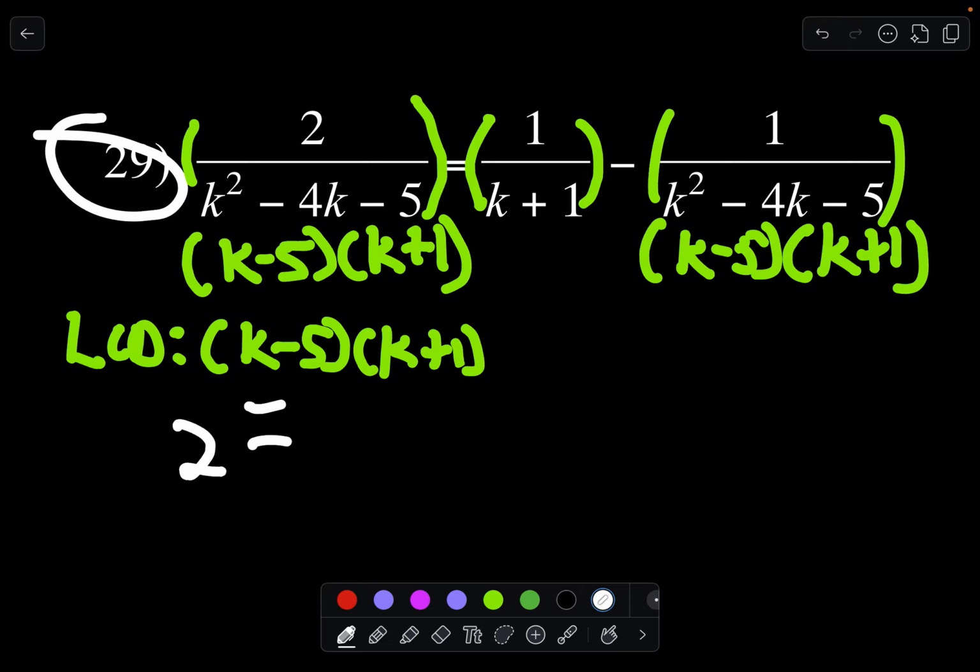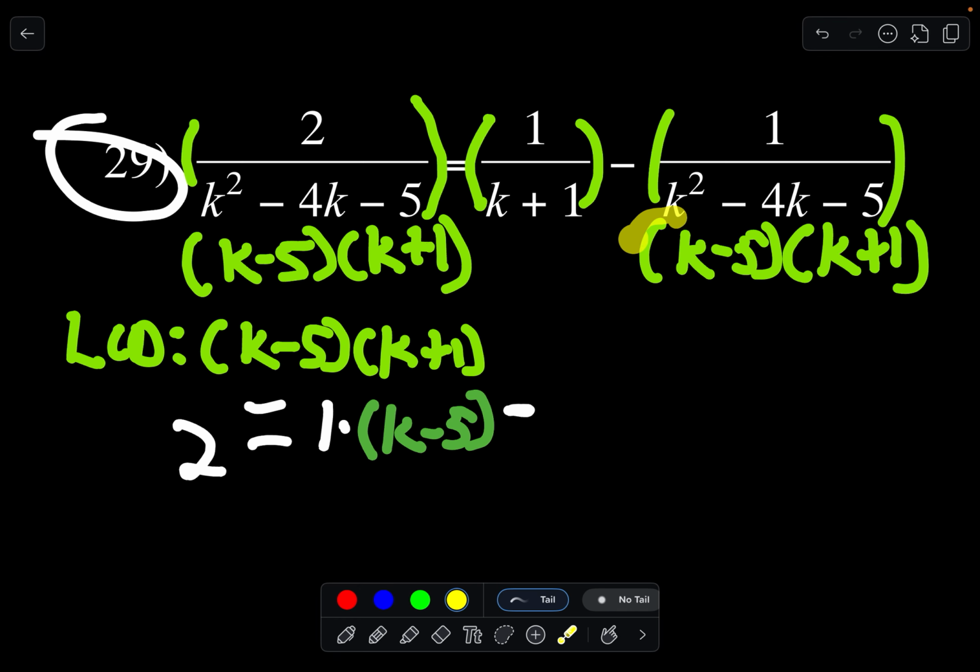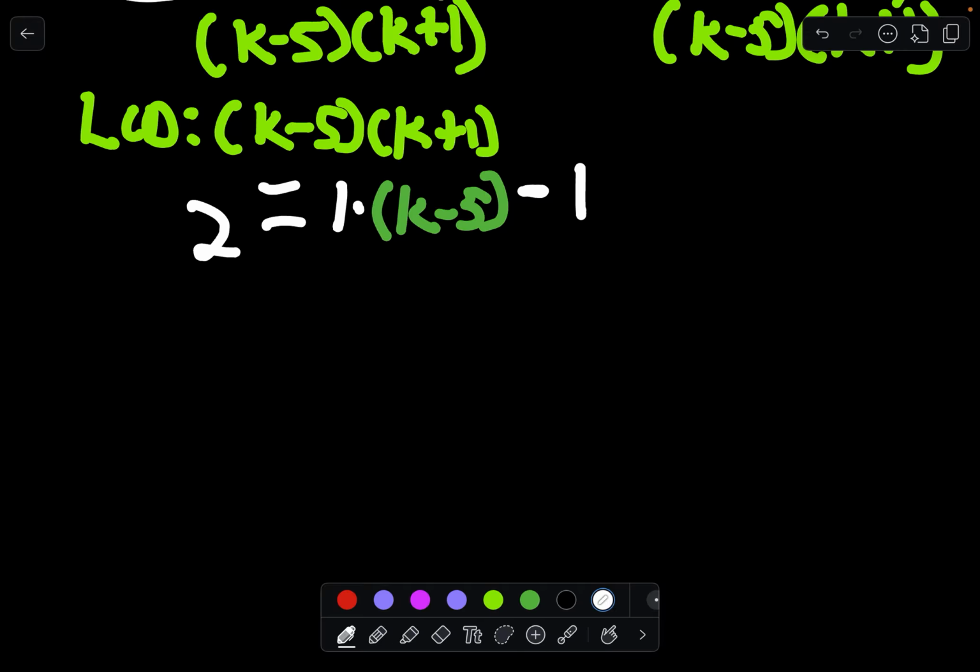Now the k plus 1 divides out with that k plus 1, leaving you with the k minus 5, so that would be 1 times k minus 5, minus, now this is the complete LCD, so the whole thing goes away, minus 1. So we have this simple linear equation. 2 equals 1 times k minus 5, it's just k minus 5, minus 1 is k minus 6. Add 6, you get k equals 8.